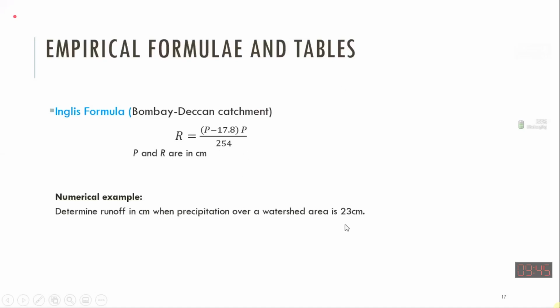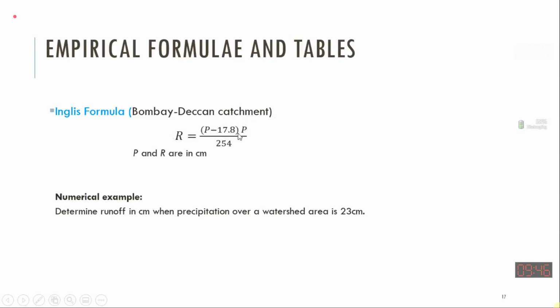So it can determine the runoff from precipitation over the watershed area. There is a question: determine the runoff if the precipitation is 23 centimeter. From this formula, we can see that it cannot be used for precipitation less than 17.8 centimeter in that area. English thought that runoff will only occur when precipitation is more than 17.8 centimeter.